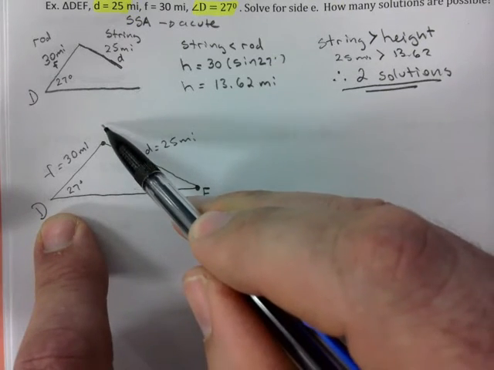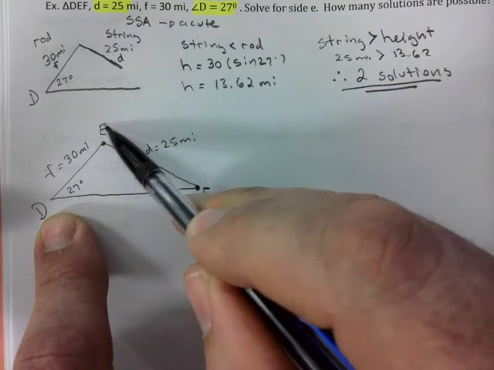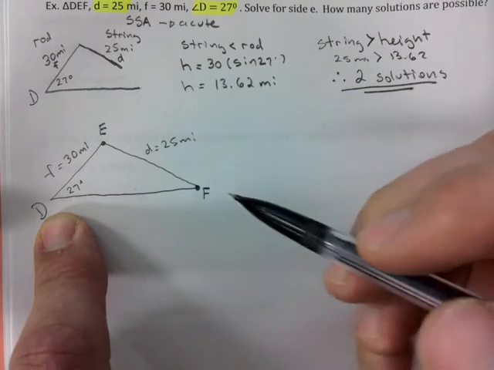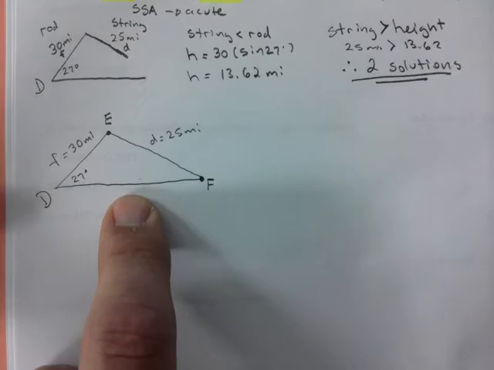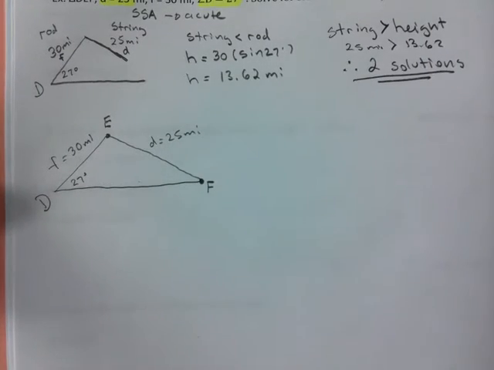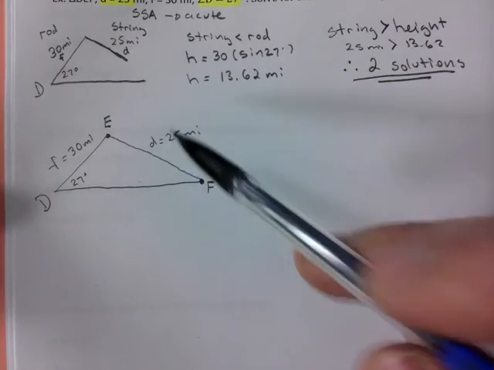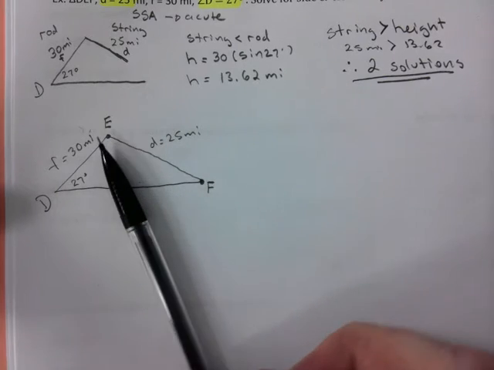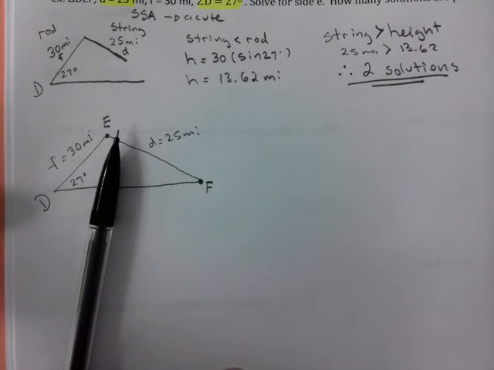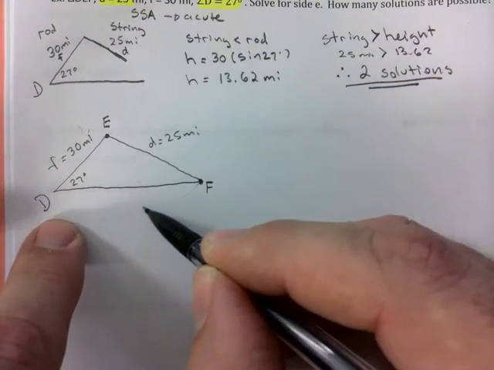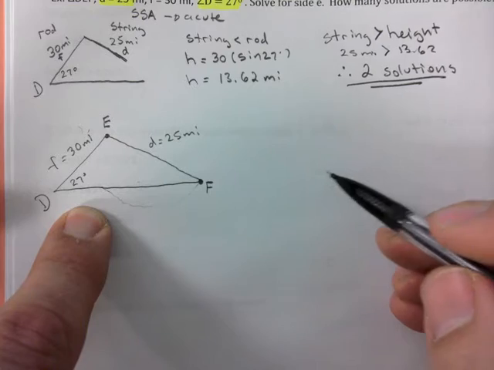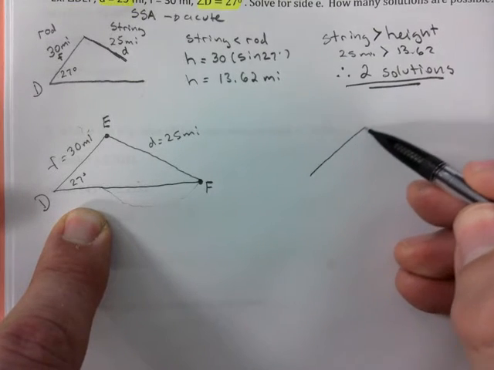So you make the one remaining one up here, you make that your E. I like to have this one first. And when this side swings over and closes it here, that's going to be my second triangle. So imagine this swinging over and closing it here.